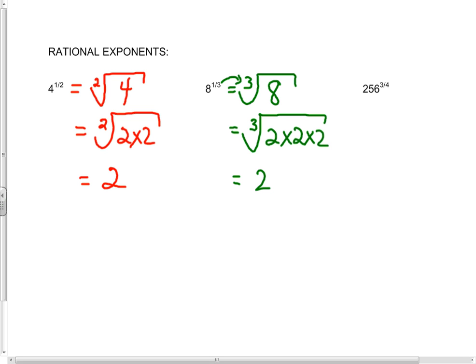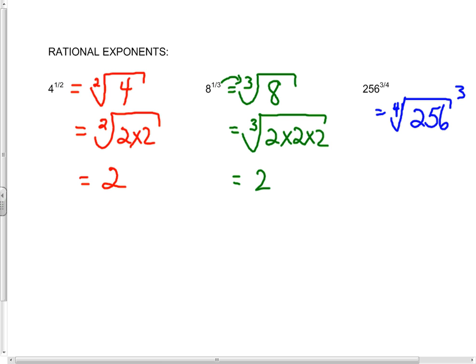Okay, a little more complicated. 256 to the 3/4. The 1/4 part of it tells me I have a root. So the base, the 4 means it's the 4th root of, and then the 3 says, but you're still raising it to the power of 3.